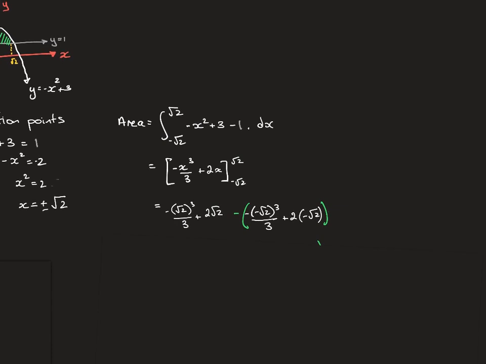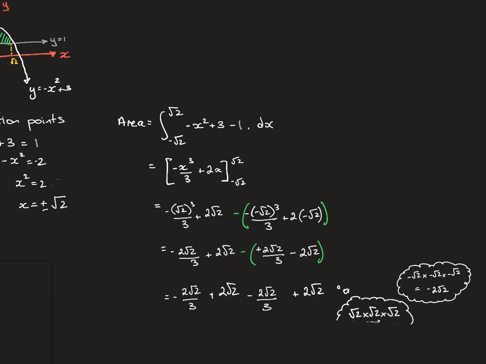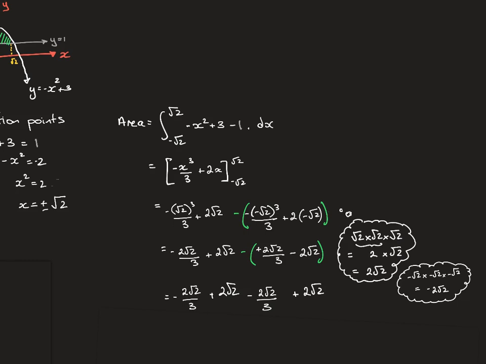Now we're going to need to do some simplification, and break out our knowledge of root 2 cubed. Root 2 times root 2 times root 2: those two can combine together to give you 2. So the answer is 2 root 2.